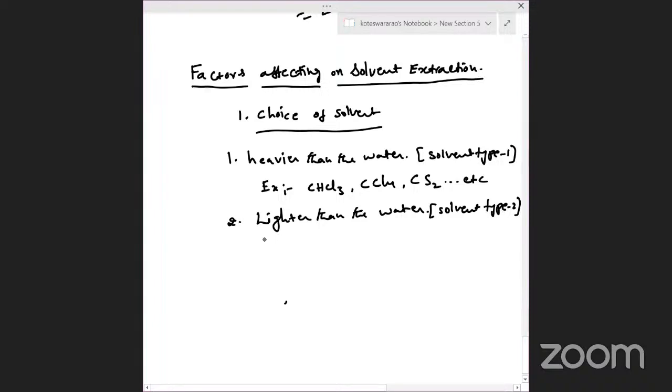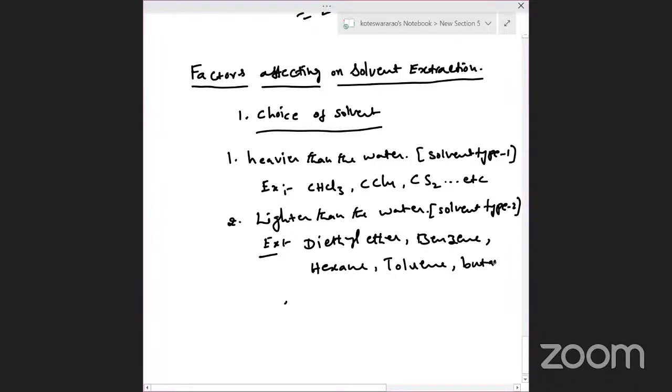Examples for the lighter: we have so many examples, of which I have considered some: diethyl ether, benzene, hexane, toluene, butanol. These are examples of solvents which are lighter than the water.